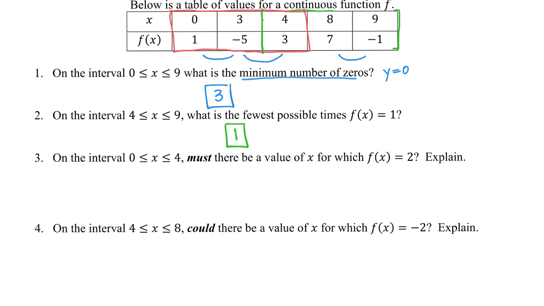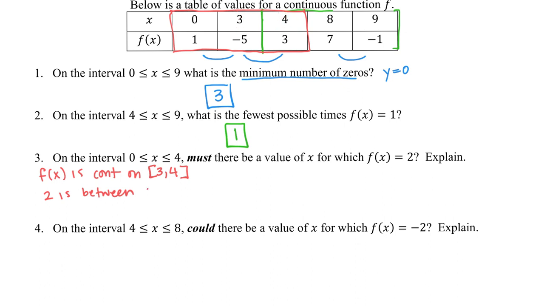So what are the criteria for the intermediate value theorem? The first thing is that it must be continuous. So f of x is continuous from 3 to 4 because it said it was a continuous function. Because 2 is between the negative 5 and the 3, which is the value at x equals 3 and x equals 4.